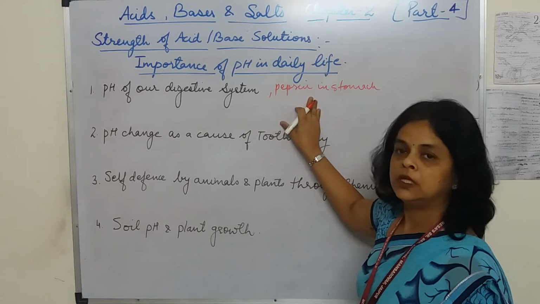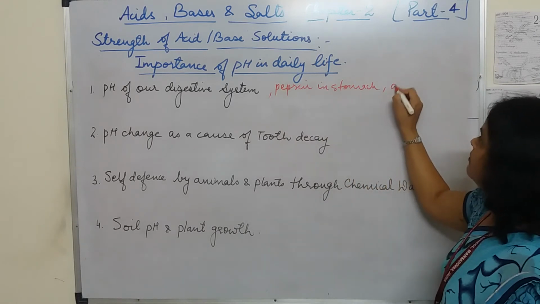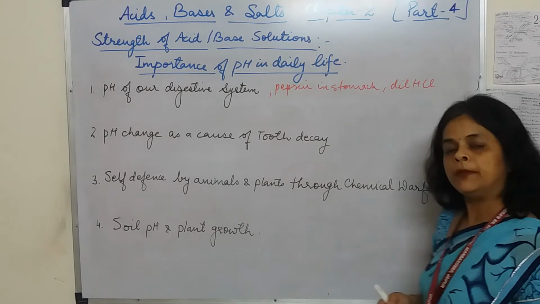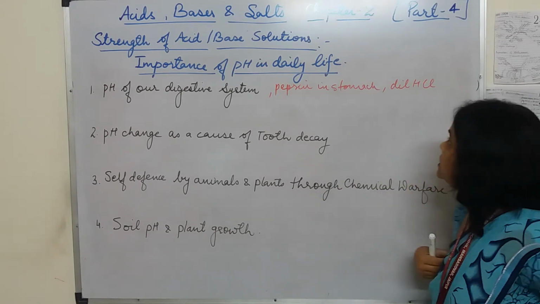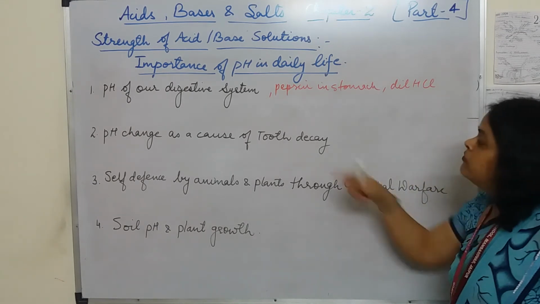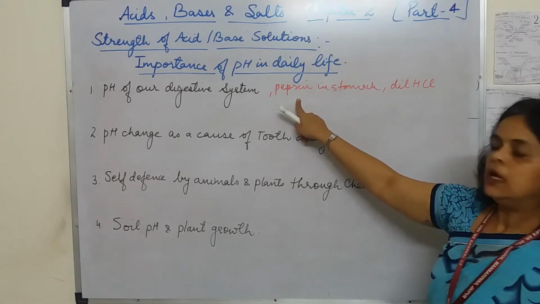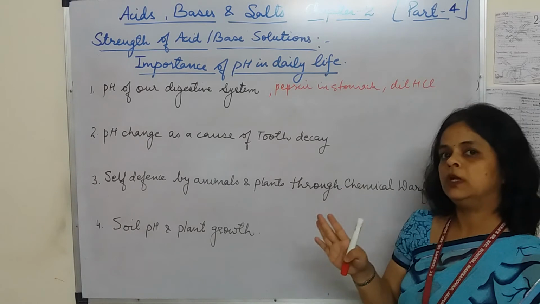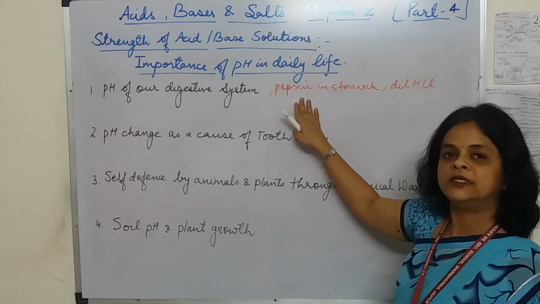Here in the stomach we have dilute HCl secretion. The walls of the stomach secrete dilute hydrochloric acid for the working of pepsin, and when it is secreted in a normal amount, it is good for our digestive system.